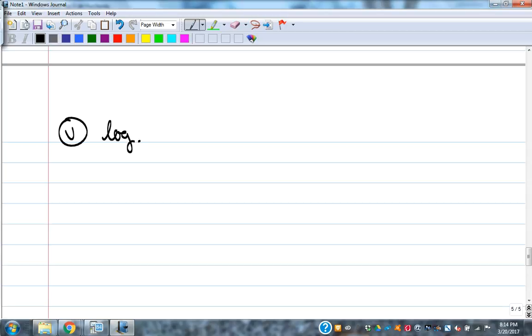Log base 7 of x over y to the 5th. That's a v, sorry. Is that better? Does everybody have that exponent? No, then I can't bring it out first. I need to do subtraction first because everybody is involved in the division.